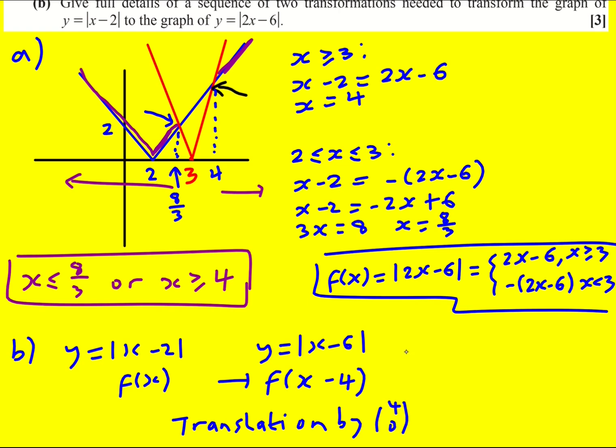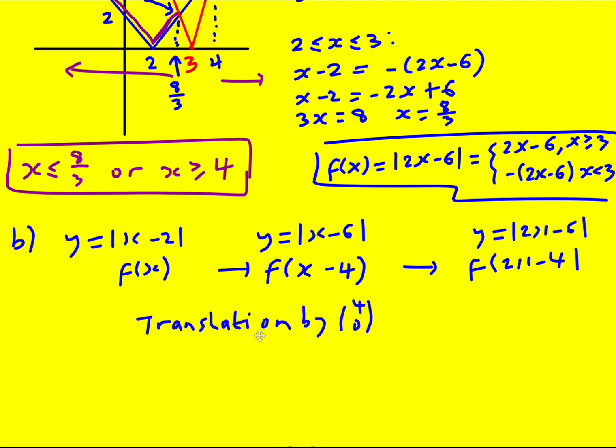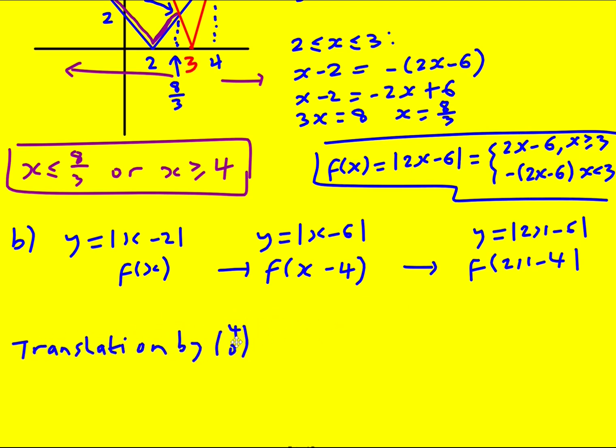Okay, now finally, I want y equals modulus of 2x minus 6. So this is going to become f of 2x minus 4. I'm just replacing x by 2x. And this is also, in the way that I've done it, affecting the x.